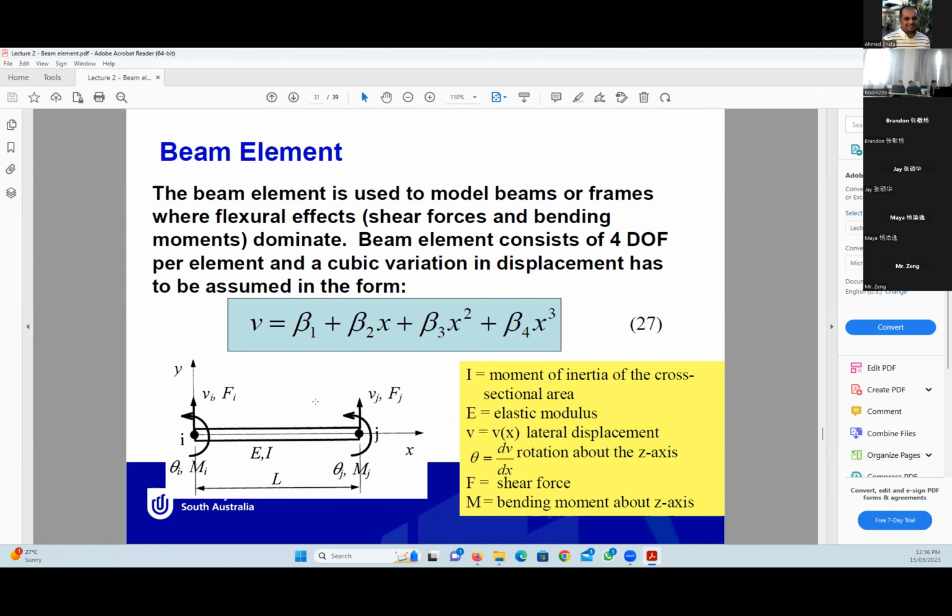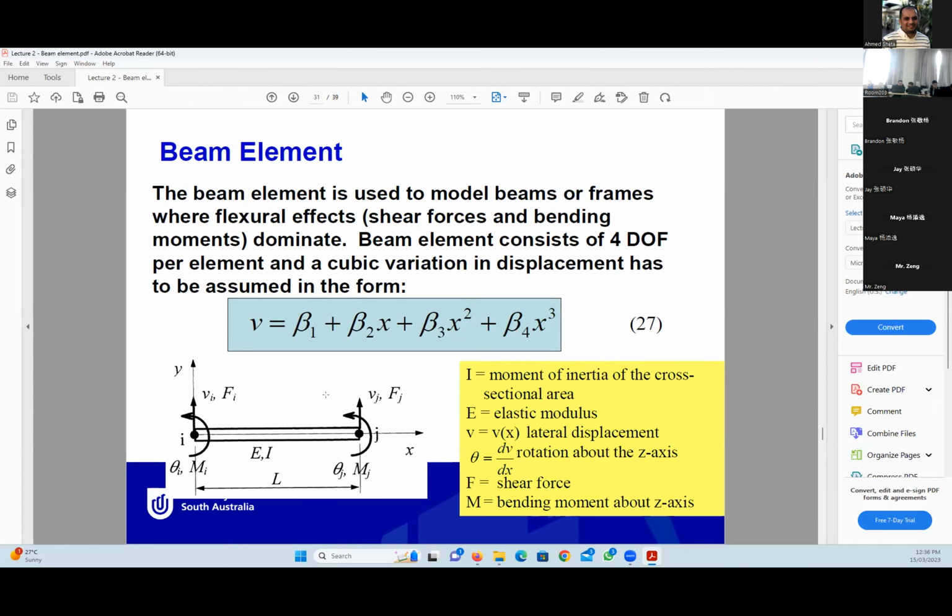Why do we have vertical displacement and rotation? Because at each node we have 2 nodal forces: Fi, which represents shear force, and Mi, which represents the moment. And also at node J, we have 2 nodal forces, Fj, which is the shear force at J, and Mj, which is the moment at J.